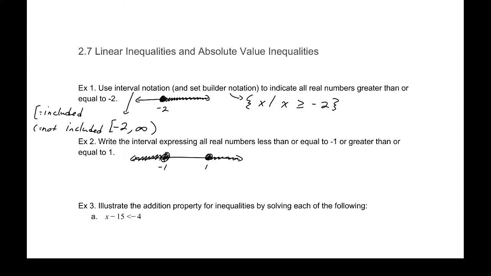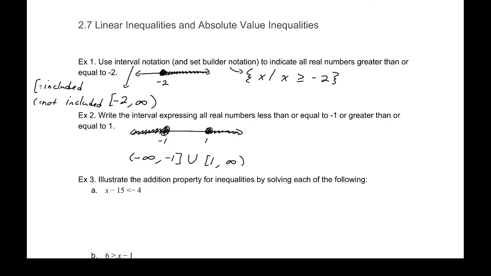If I were going to write this in interval notation, I would start from the left and say -infinity up to -1, and I am including it, so I'll put a bracket there. But then I've also got this separate interval, which is at 1, including 1, going to infinity, not including infinity. The way I'm going to put these together is something called the union, a U. Effectively, it means put the two together. It's the glue when it comes to intervals. We will need that in lots of places.